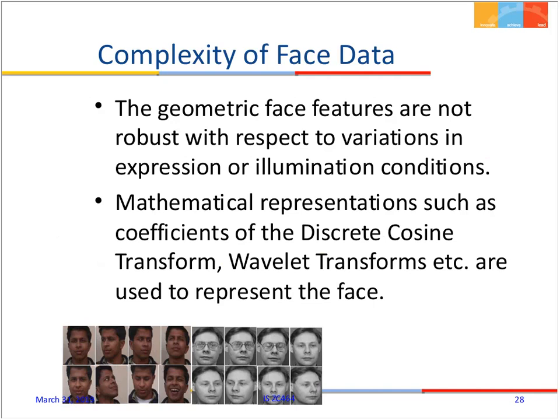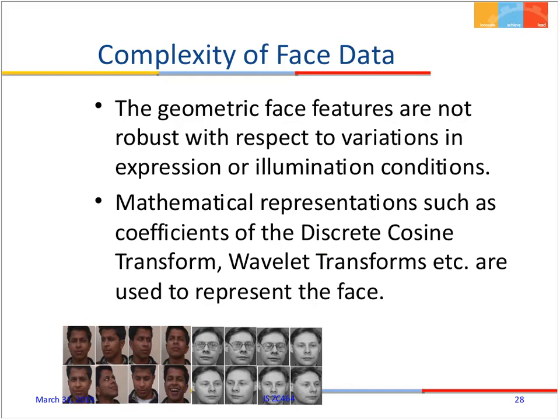Then we need to go for some kind of mathematical representations such as coefficients of the discrete cosine transform, wavelet transform, etc. Yes, the Chinese face recognition problem is quite well researched, on the JAFFE data set I think they name it.